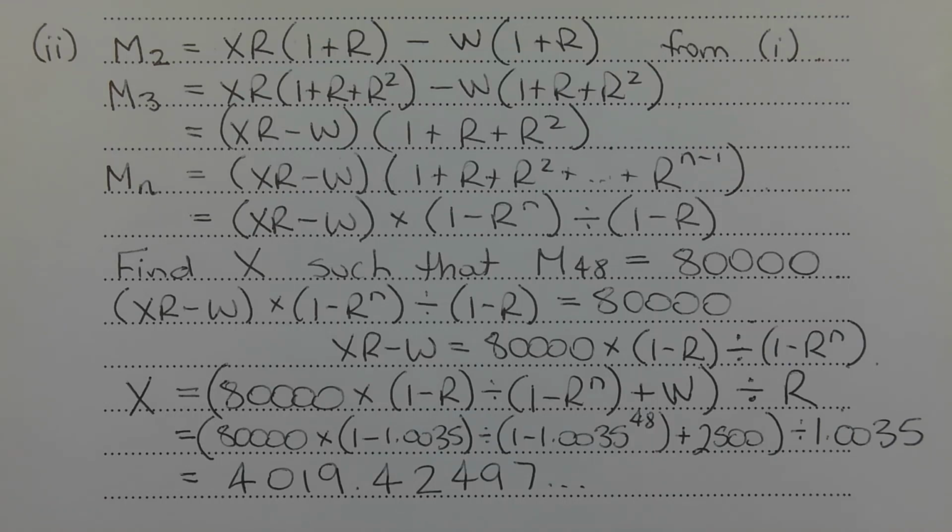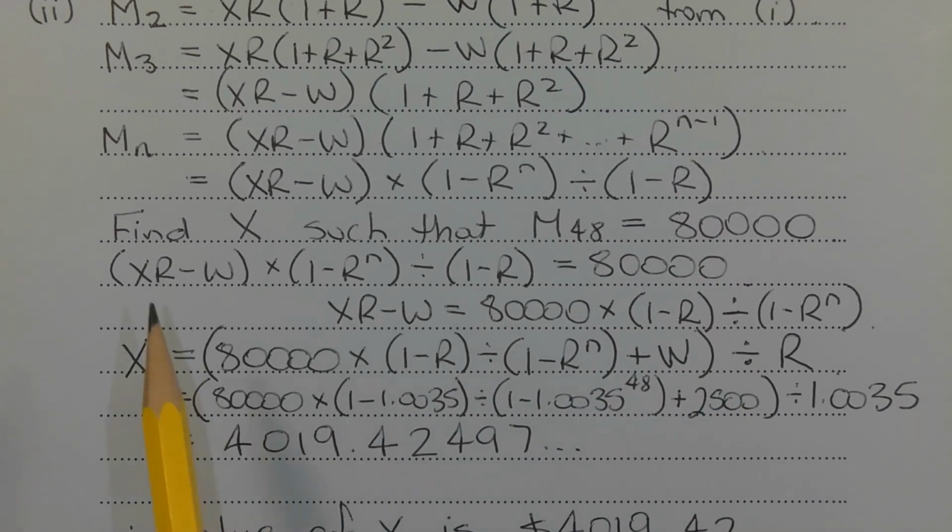Or we can write it using division notation as (1 minus R^n) divided by (1 minus R). So this is the sum of a geometric series with n terms, common ratio R, first term 1. So Mn is equal to (XR minus W) times (1 minus R^n) divided by (1 minus R).